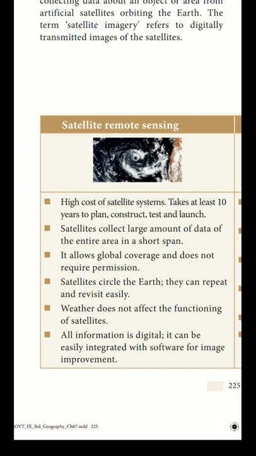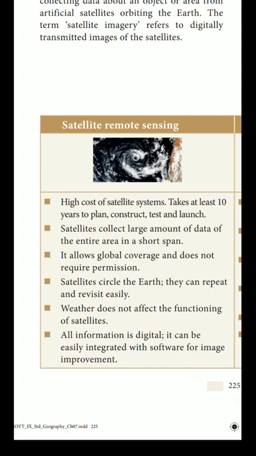Here, high cost of satellite system, takes at least 10 years to plan, construct, test and launch. So satellite remote sensing, it is a high cost of satellite. You want to spend more, okay? And it will take how many years? 10 years to plan, construct, test and launch. Satellite collects a large amount of data of the entire area in a short span.